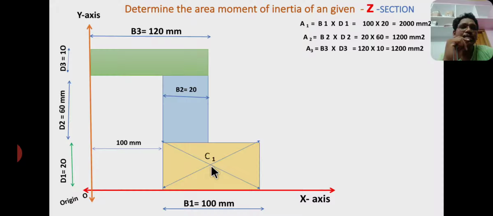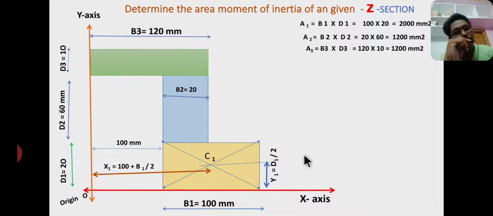So C1 is the centroid of a bottom rectangle. The C1 lies at a distance of x1 from y-axis equal to 100 plus b1 by 2, and y1 from x-axis, that is y1 equal to d1 by 2.